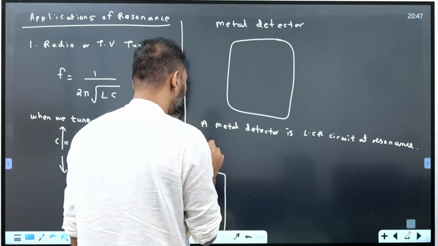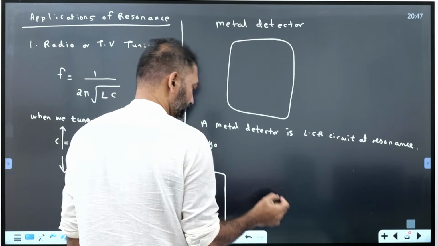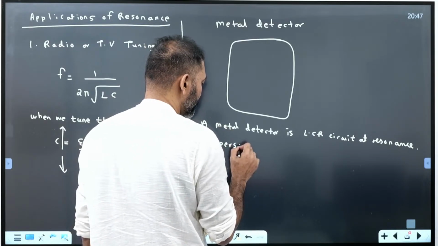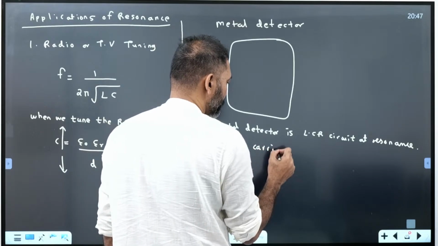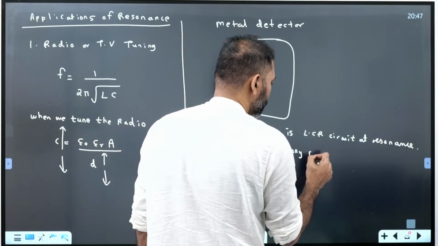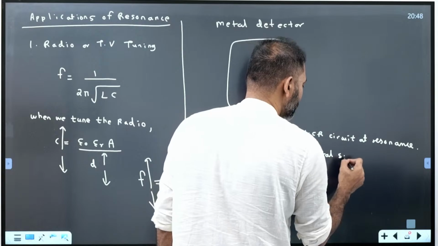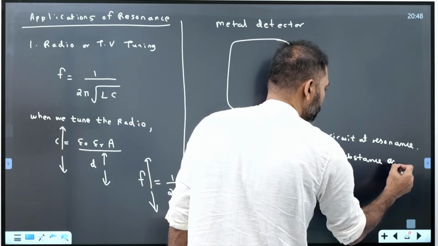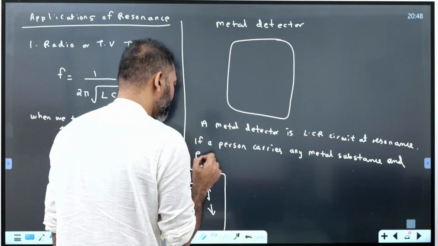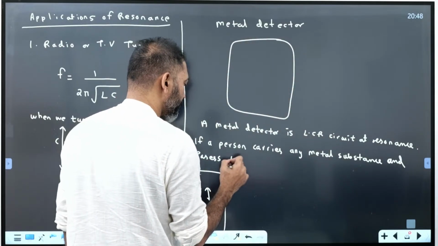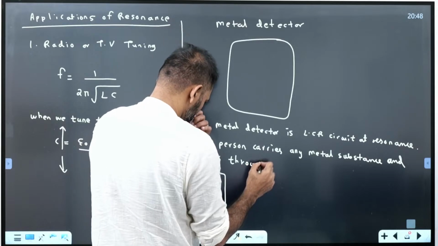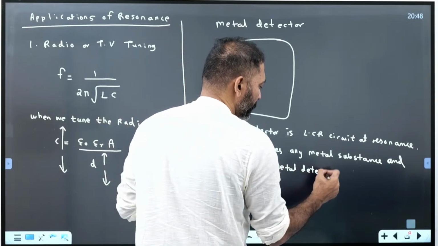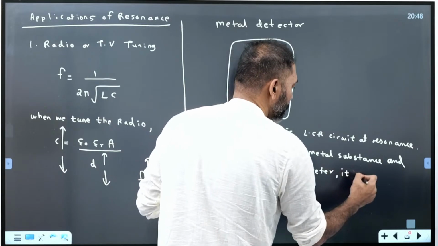If a person carries any metal thing, any metal substance, and passes through the metal detector, it will affect the tuning.